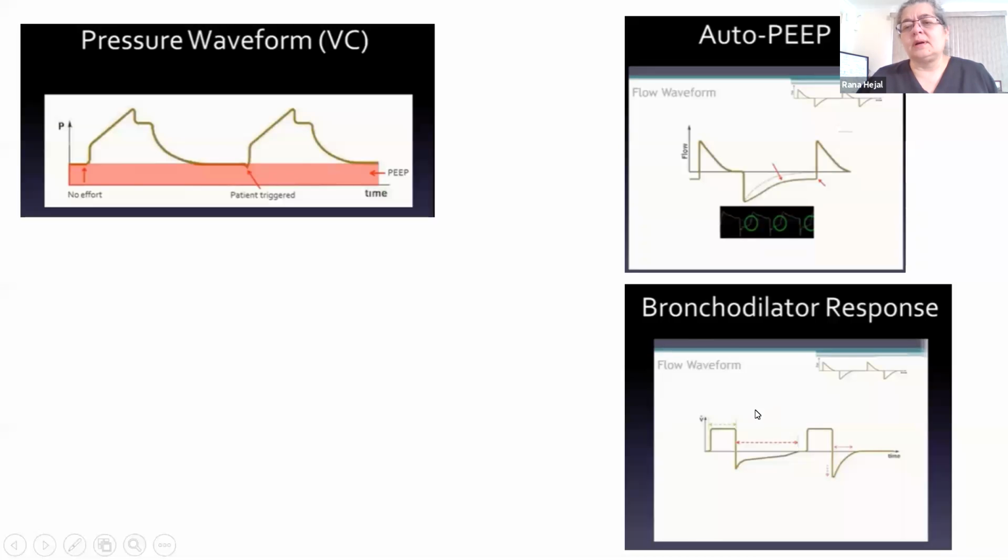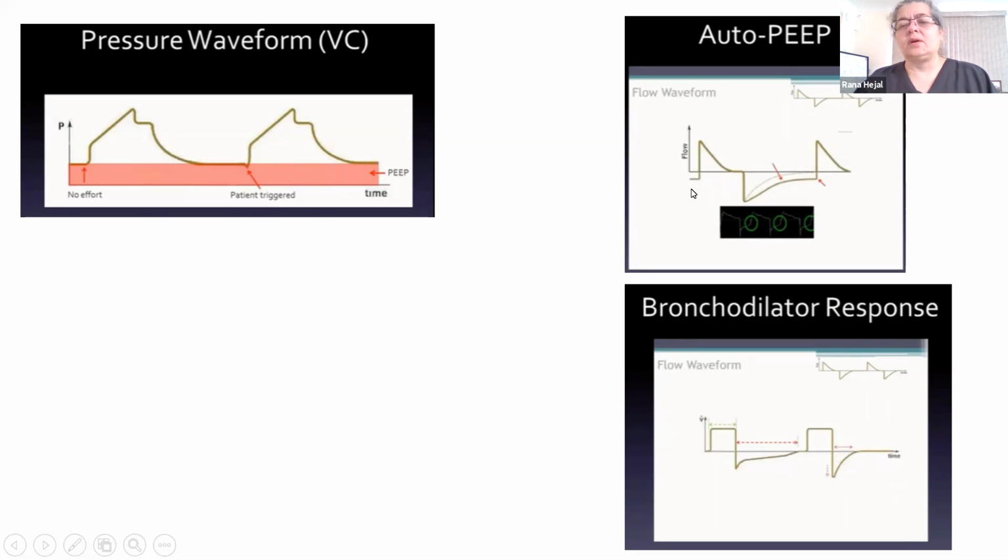How can you check on a bronchodilator effect, for example? So this is somebody who got a square waveform, and they have very prolonged expiration, and then after you give them a bronchodilator, this is not the immediate breath, but a few breaths later, you can tell that their expiratory time is decreasing.